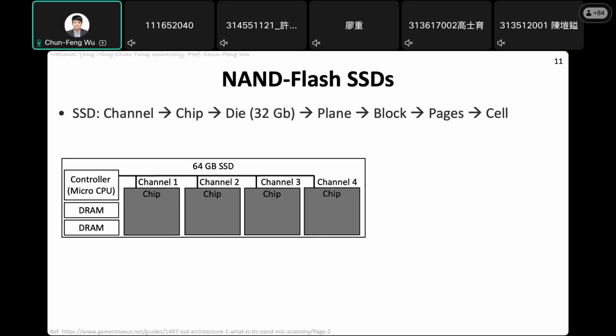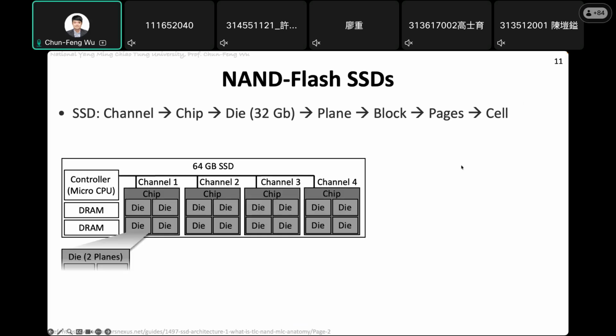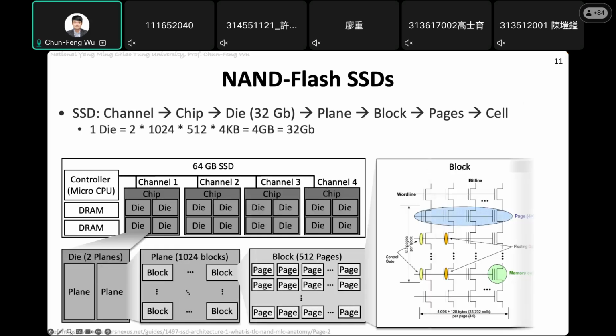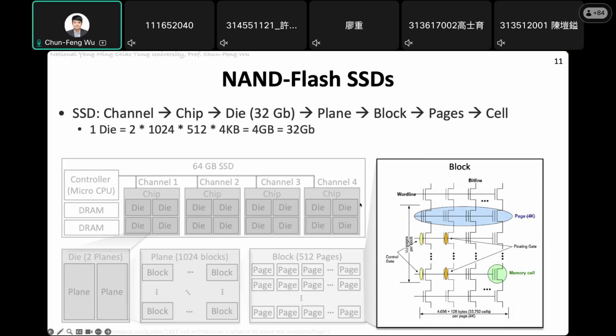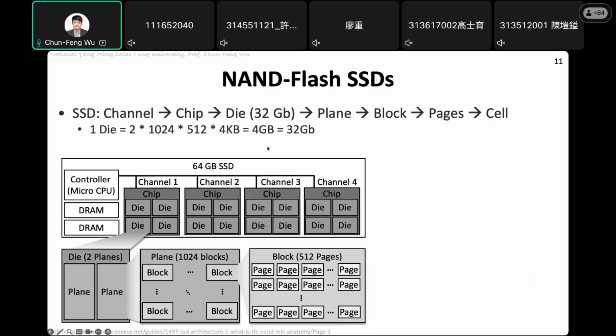Okay. So for the architecture, it is like this: channel, chip, die, plane, block, pages, and cell. So why are there so many levels? It depends on, for example, whether the data is on different channels, in which case you can get the data in a parallel way.